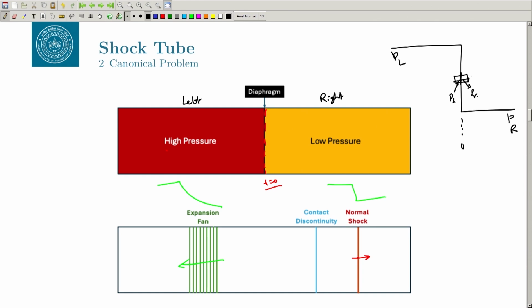It is not a continuous variation, it is a very sharp discontinuity, so it is very difficult to estimate the value. Most schemes, if you try to use any central differencing, will immediately fail, because you will start developing wiggles here.